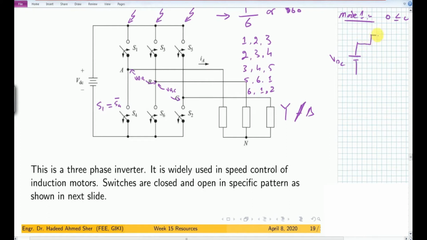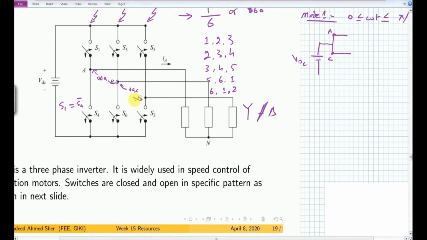Let us say this point is A. Similarly, we have this S5 turned on, so point C is also connected here, and apart from this S6 was also turned on. Let me say this is point B. Considering it a resistive load, just to have a better understanding so that we can apply the basic laws without any difficulty, let us say this is R, this is R, and this is also R. Now we have some current I1 flowing into this circuit.